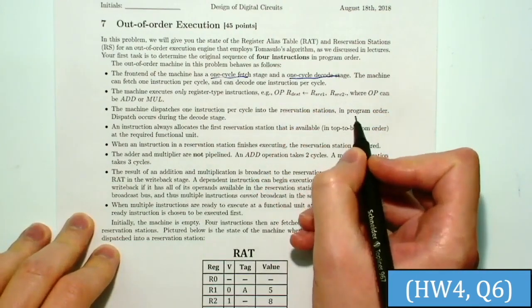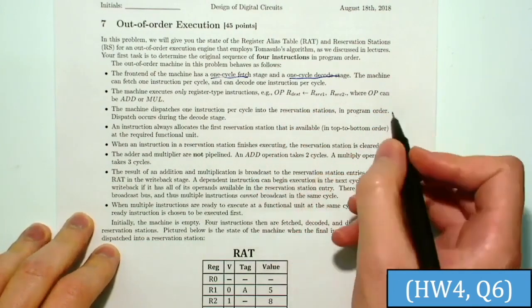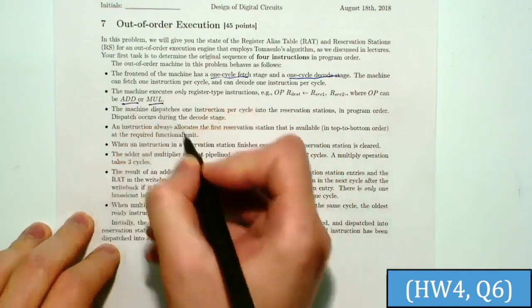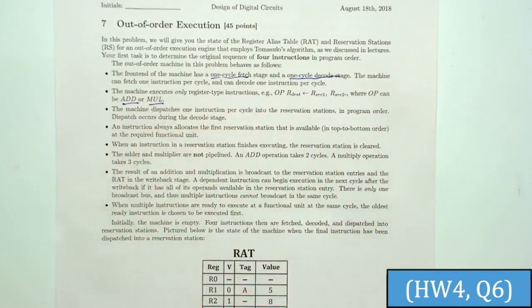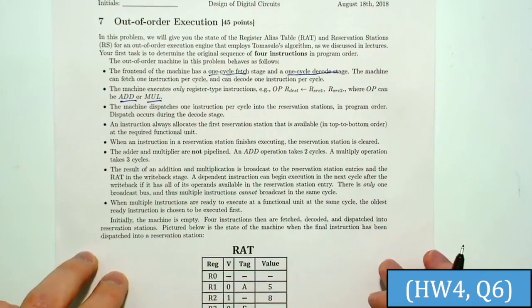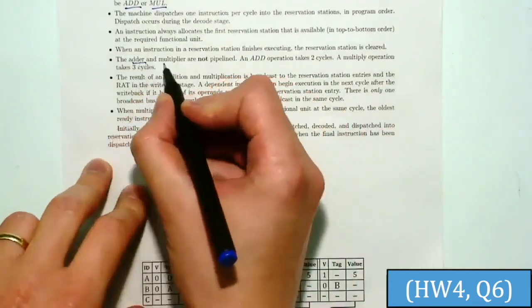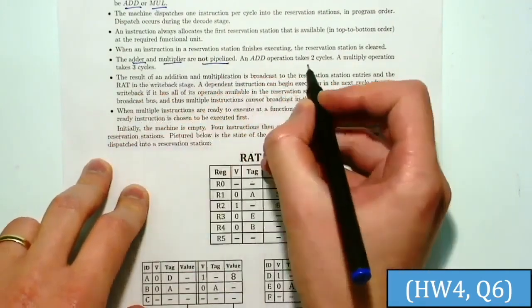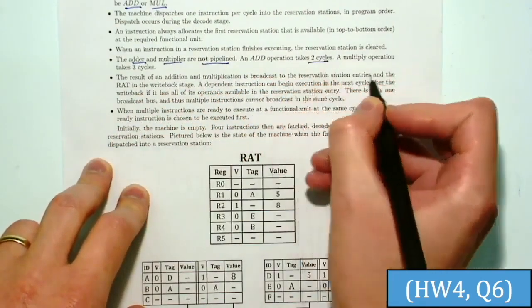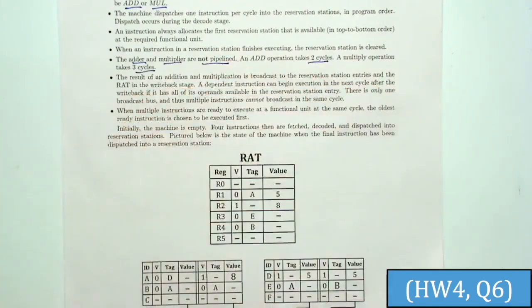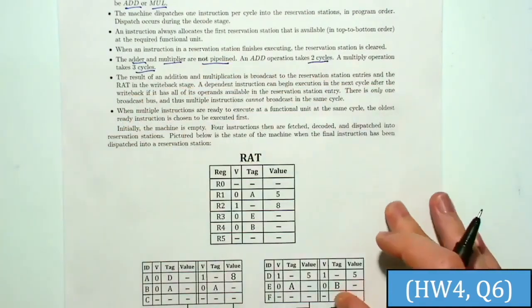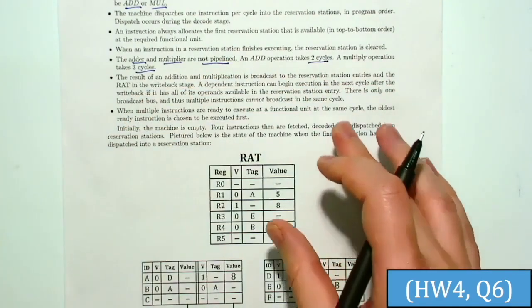This machine can execute two different instructions, add and multiplication, and each of those takes a different number of cycles in the execution unit. The execution units, the adder and the multiplier, are not pipelined, and the addition takes 2 cycles and the multiplication takes 3 cycles. Let me see quickly if there was anything else that was important.